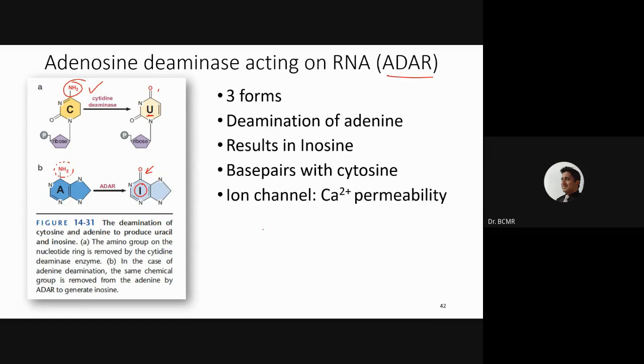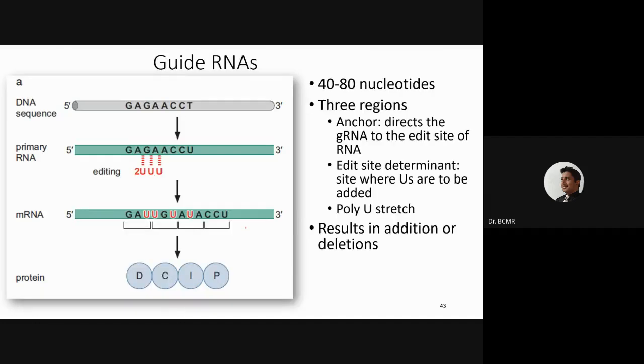The point is that cytidine deaminase and ADAR are changing the base that is already present in the RNA. The guide RNA based ones are a little bit complex and at the same time amazing. You have a primary transcript, and it can be edited by addition of bases into it.